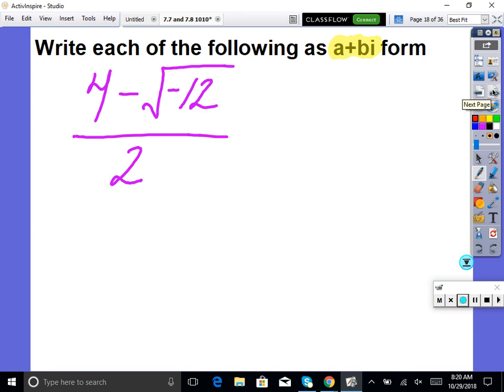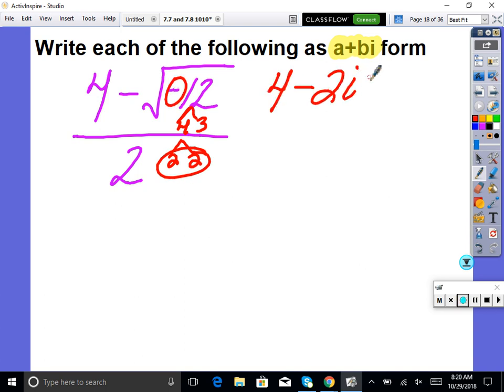Okay, let's do this one. So first of all, could I divide 4 and 2 out? No. Good. No, there's a subtraction sign. We don't divide across a subtraction sign. So instead you'd say, okay, I've got to simplify this. 4 times 3, 2 times 2. So what do we pull out of 2i? So we have 4 minus 2i root 3 all over 2.